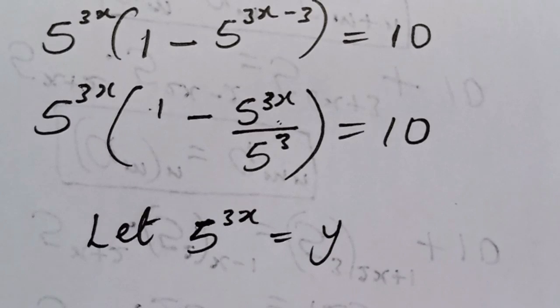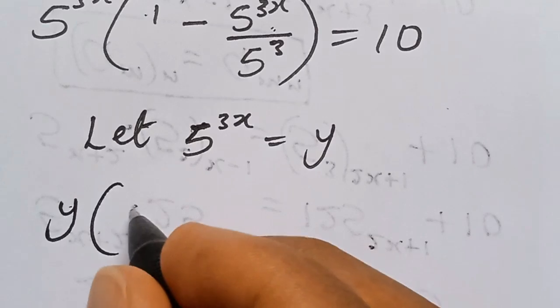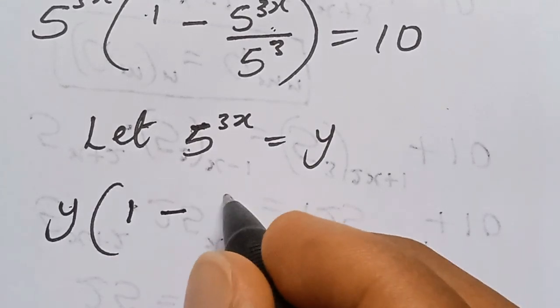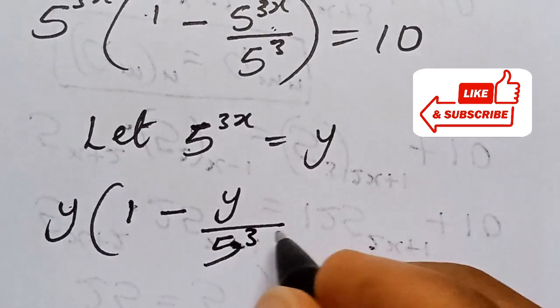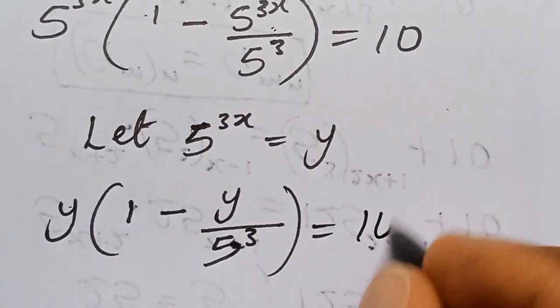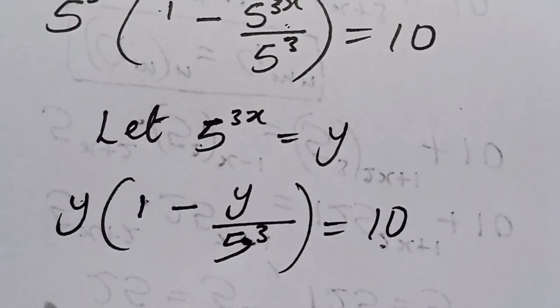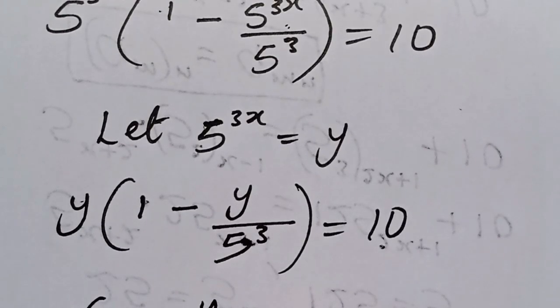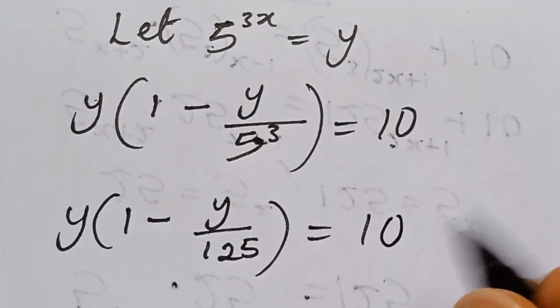So this expression now becomes y into bracket 1 minus y over 5 raised to power 3, close the bracket, equals 10. So 5 raised to power 3 can then be written as 125: y into bracket 1 minus y over 125, close the bracket, equals 10.